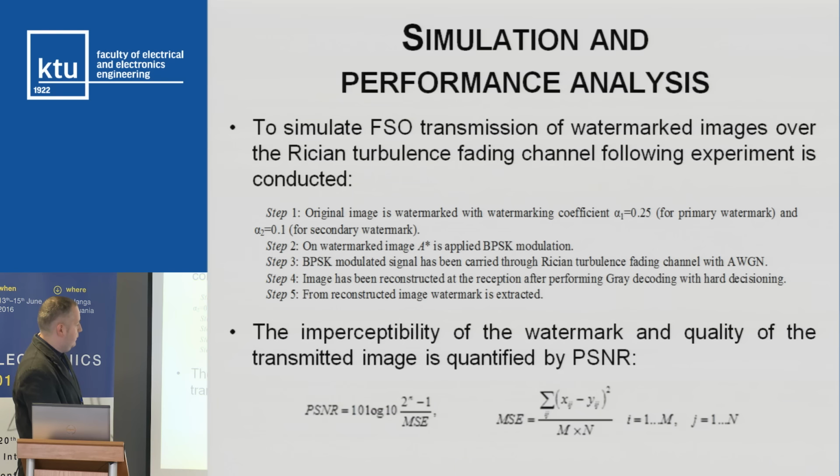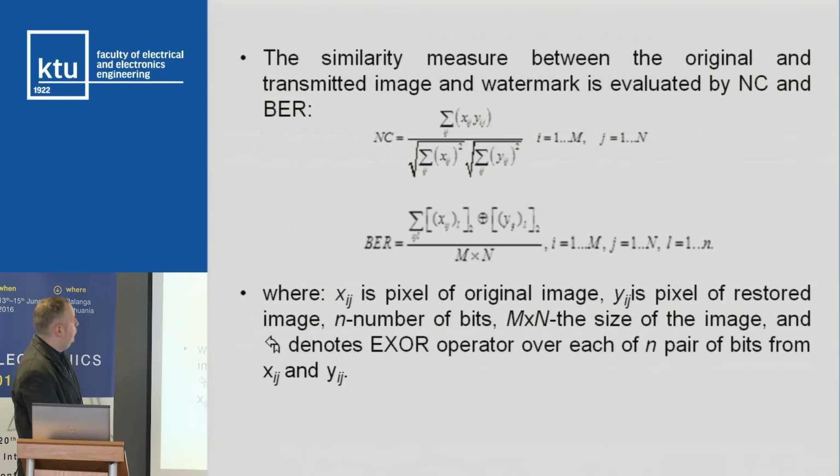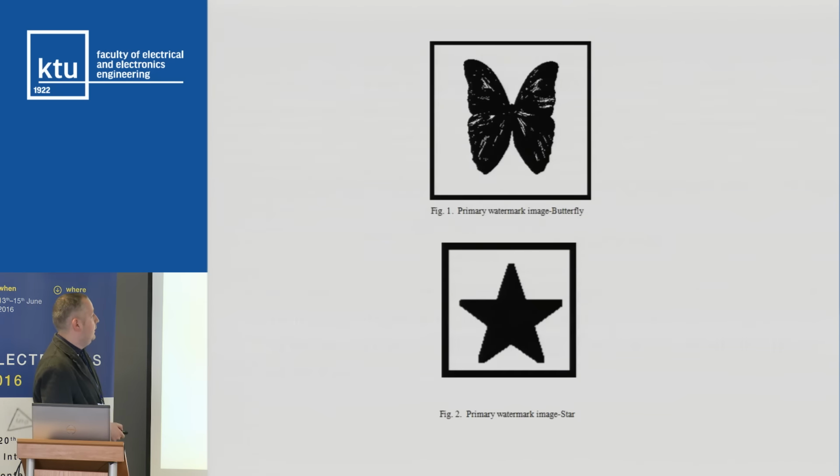And we have observed peak SNR, mean square error, normalized correlation and bit error rate. Those are 3 parameters that we have observed: normalized correlation, bit error rate, and peak SNR in the function of parameters of the optical link.